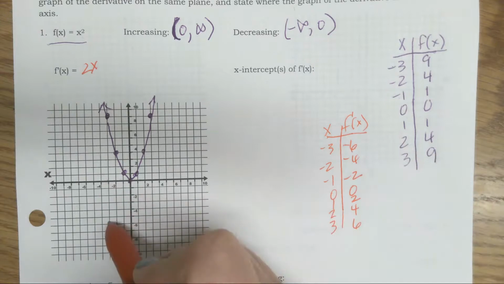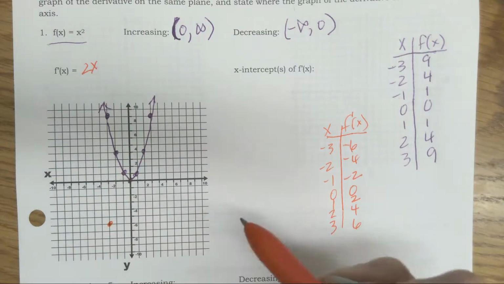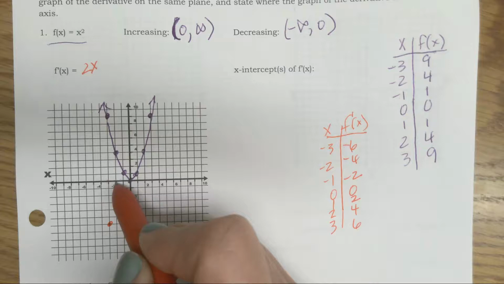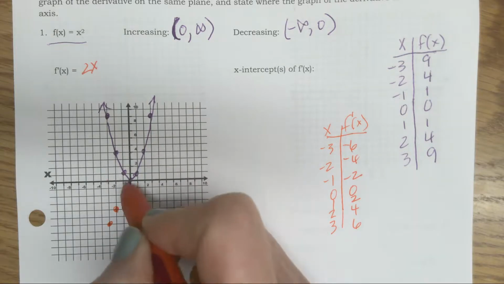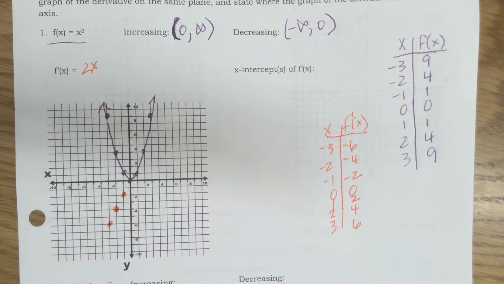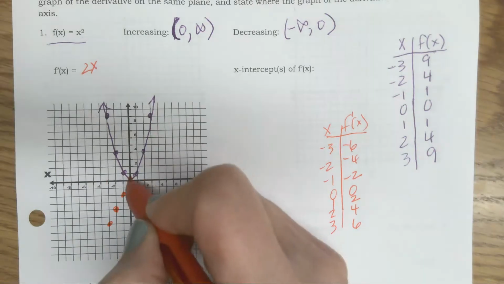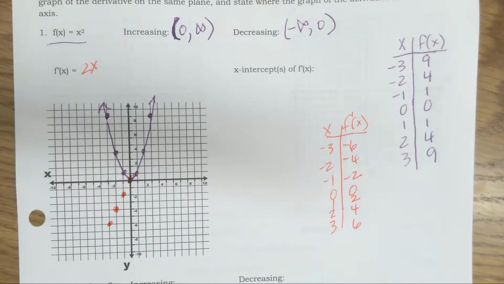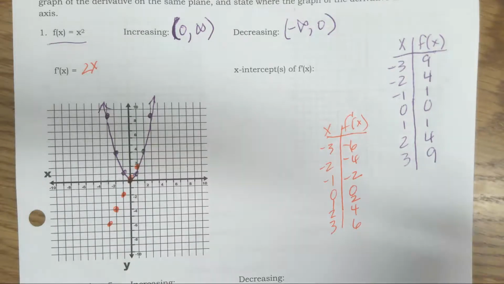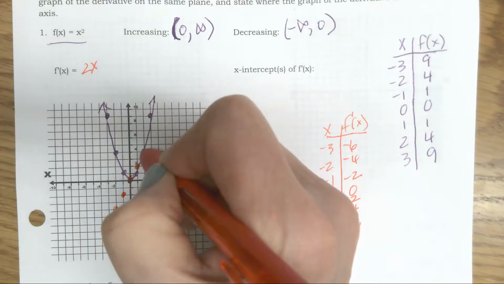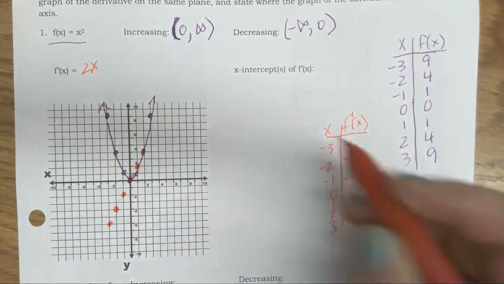-3, -6. -2, -4. -1, -2. 0, 0. 1, 2. 2, 4. And 3, 6.